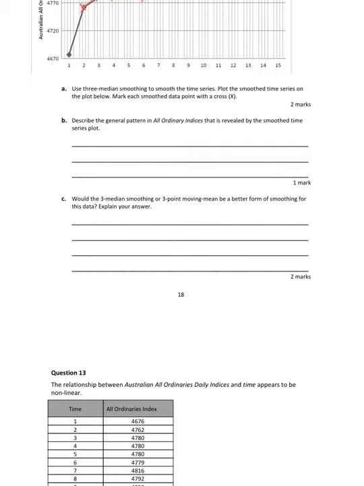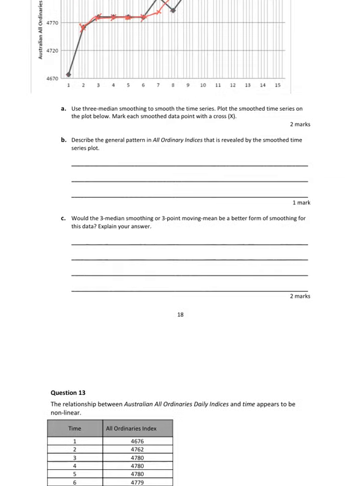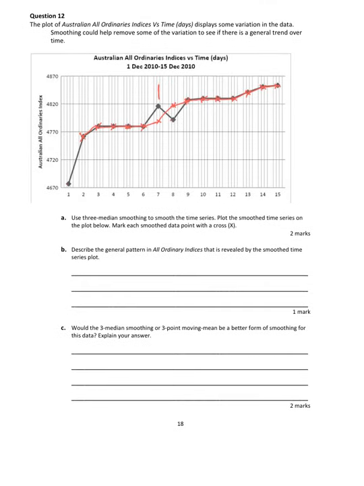Describe the general pattern in All Ords indices that is revealed by the time series plot. So the general pattern, we can see an increasing trend. We can see over the 15 days that increasing trend.